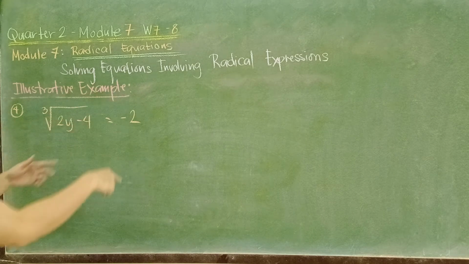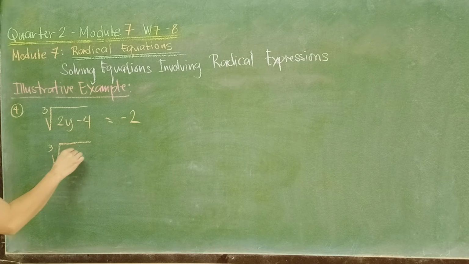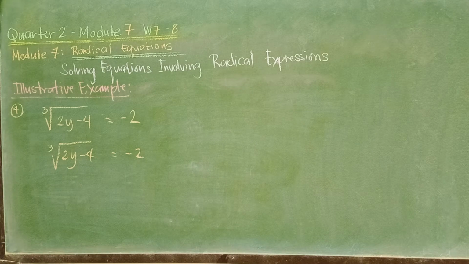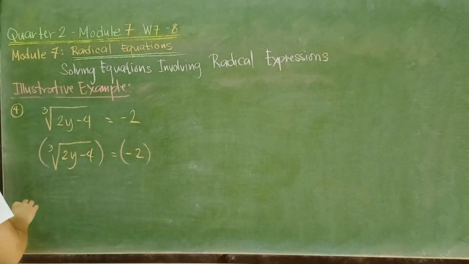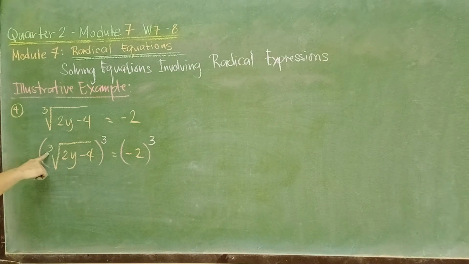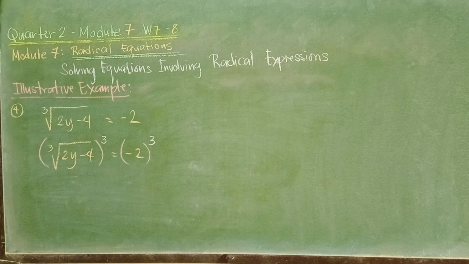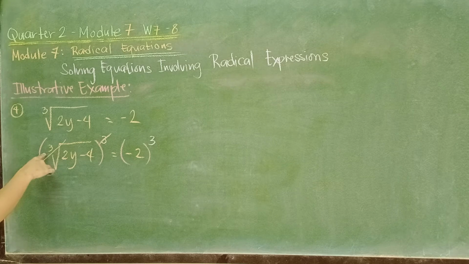So, i-raise natin both sides by 3. So, tatandaan nyo lang kung ano yung index natin, yun ang gagamitin natin exponent. So, pwede na natin i-cancel yung cube exponent na 3 at saka yung index na 3.